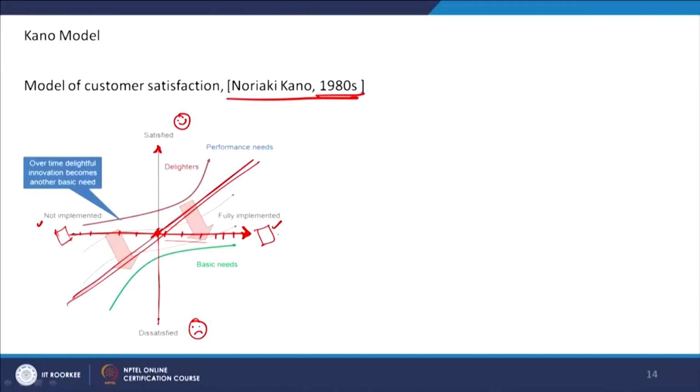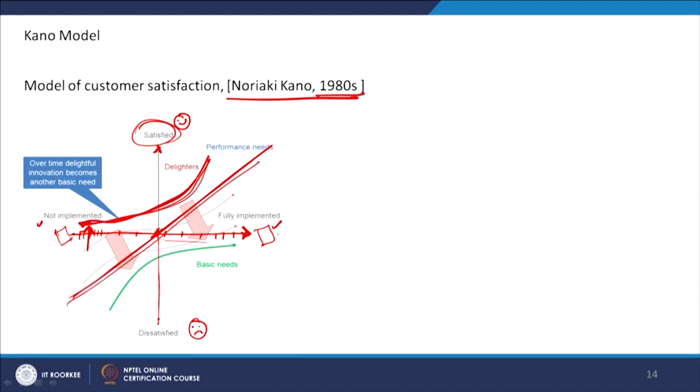Now if the product has more features over here, the satisfaction rate is over there. This is called delighters, which will be above this line, where fewer features are implemented and perform well, so customers are satisfied.